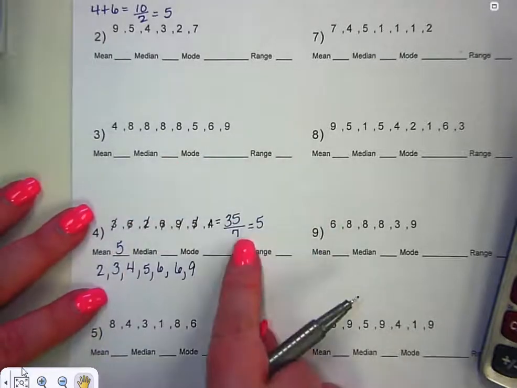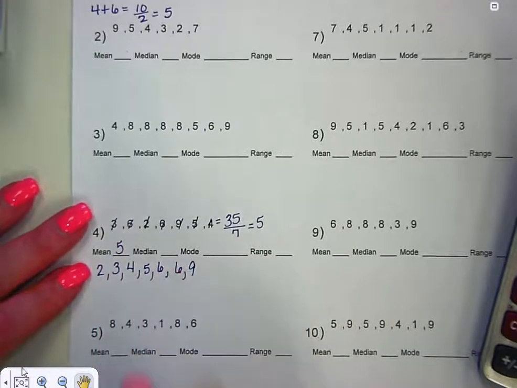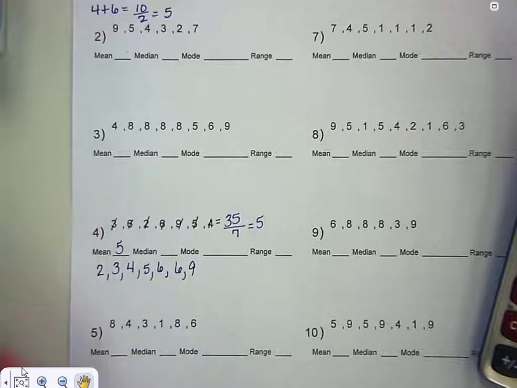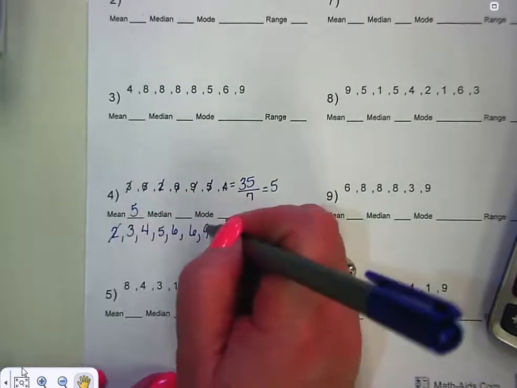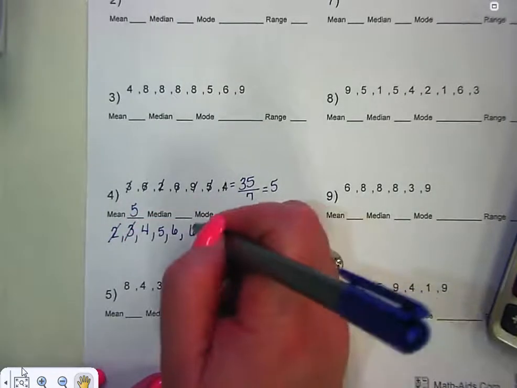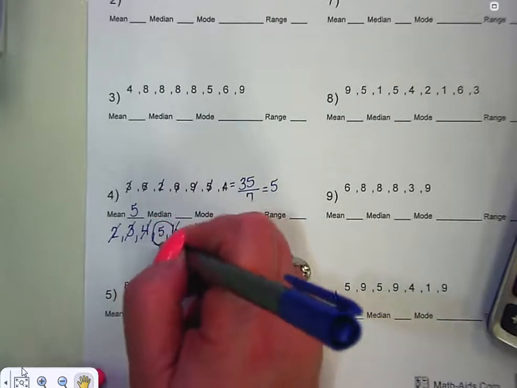Let me count, make sure that I have 7. 1, 2, 3, 4, 5, 6, 7. So now I'm going to find the middle. It's an odd data set, so I should only have 1 in the middle. 1, 1, 2, 2, 3, 3. And what's in the middle? 5.